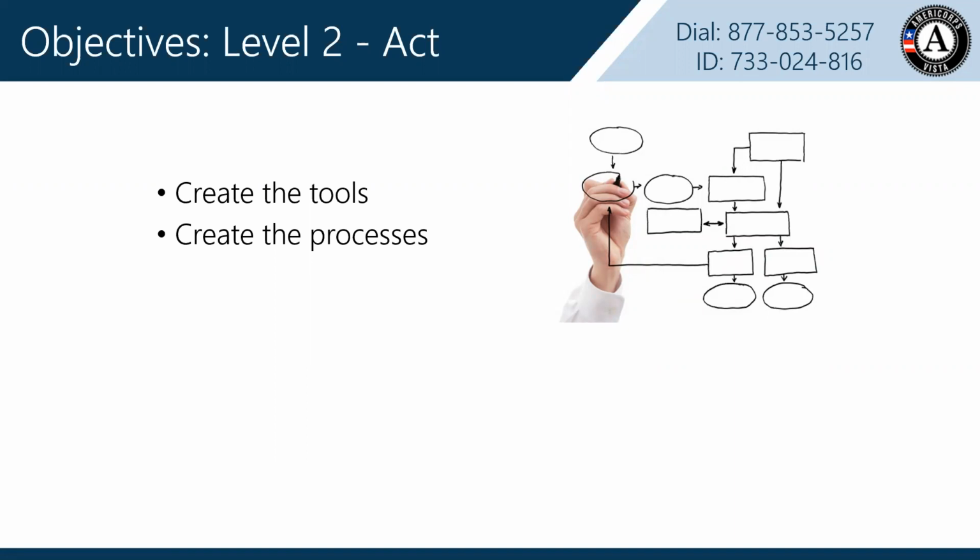Perhaps they create talking points on a sheet that can guide volunteers and staff when they're on a call to make an ask for donations. Those are possible tools. Processes, they might be creating a training for volunteers on how to make the ask, or create the schedule for volunteers and staff to meet with potential donors.